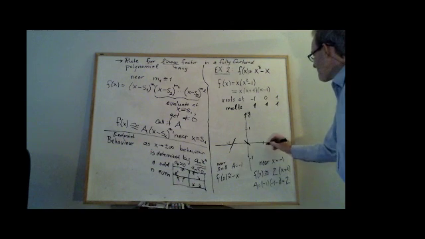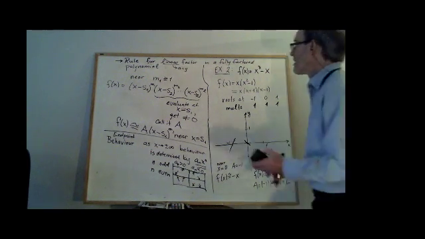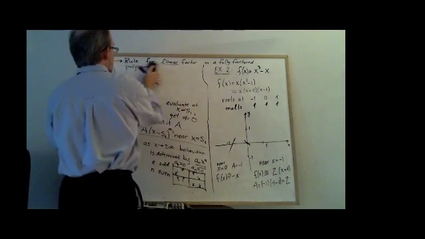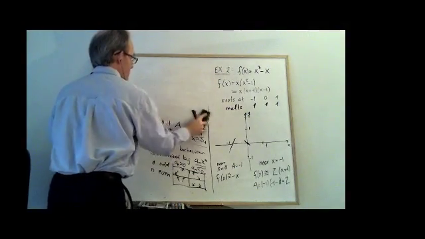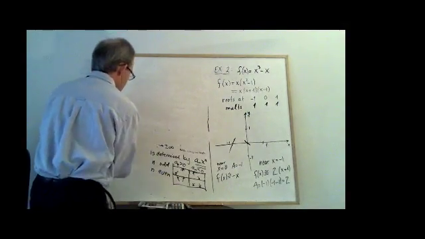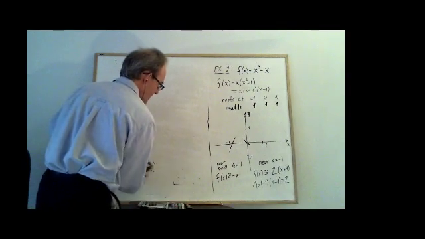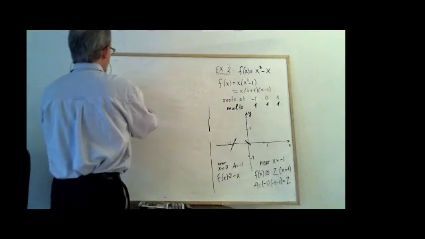And over here, at x equals plus 1, again, I write the factor which gives me 0 when x equals plus 1. I leave it unchanged.